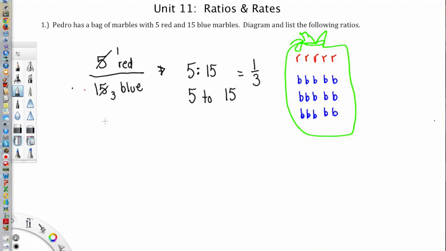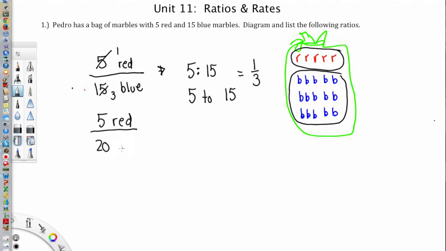But let's say we want to compare not just red to blue marbles, okay, because that is a part to part. The red marbles is part of the whole, and the blue marbles is also part of the whole. So we have the red, and then we have the blue. Let's say we want to compare the number of red to the entire bag of marbles, which altogether, if there's 5 and 15, that's 20 marbles in all. And we can also simplify that.